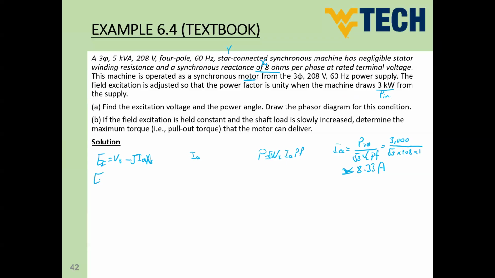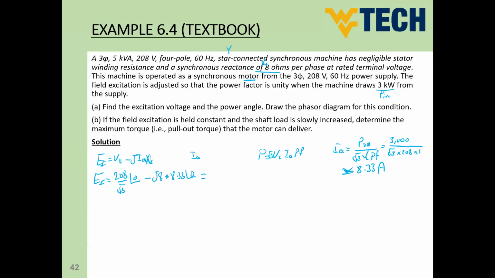So we can say now EF equals 208 divide root 3, because this is a phase equation, at angle 0, minus jIaXs. So Xs equals 8 ohms. So I'm going to say j8 times the current, which is 8.33 at angle 0. So this would give us the phase value of the excitation.